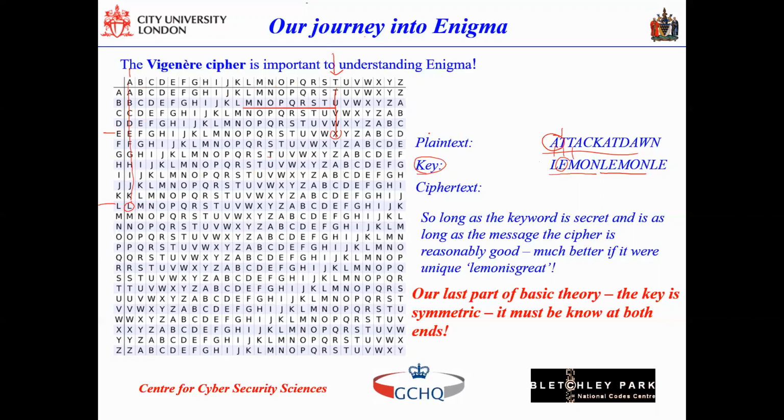Again, looking at the keyword, the row here is M. This time I'm on row M, and I want to encode the letter T. I'm going to go down all the way until here where I get F.